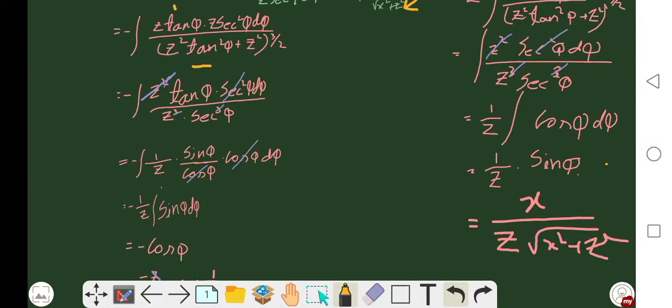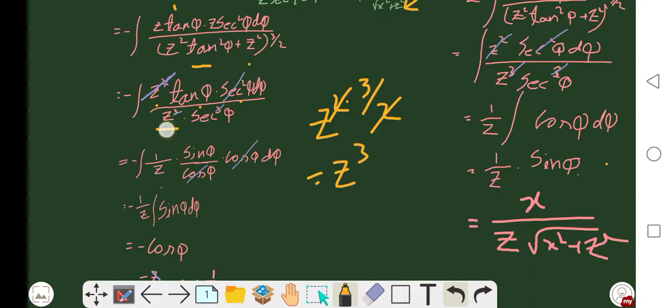We take the z out of the bracket and it becomes z cube, like z square to the power 3 by 2. So it became z cube. Here z cube, and tan square phi plus 1 equals sec square phi. So sec square to the power 3 by 2, and it became sec cube.